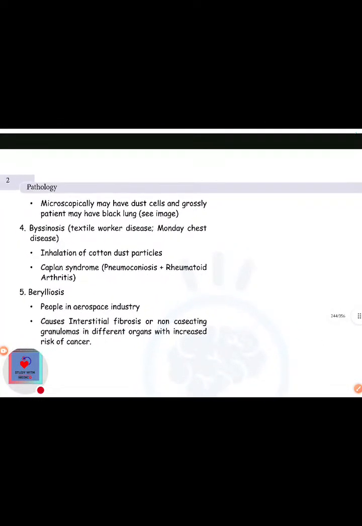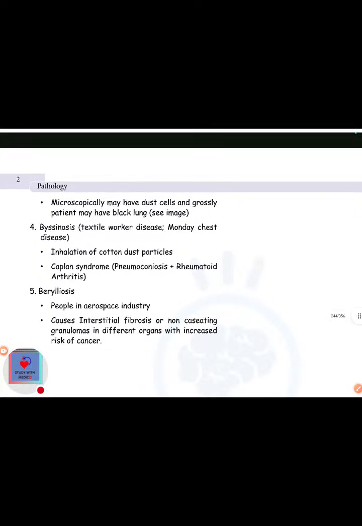Microscopically, there are dust cells, and grossly the patient may have a black lung.